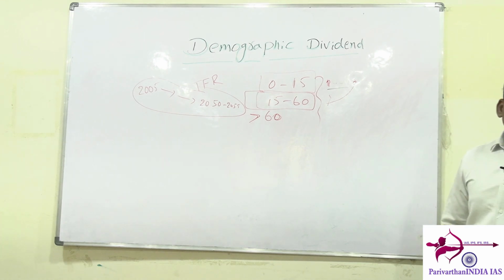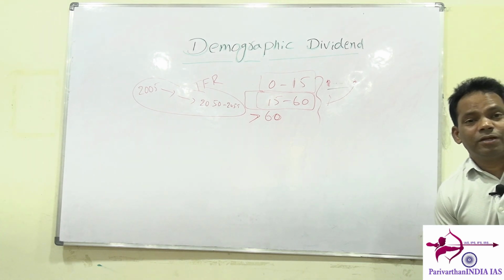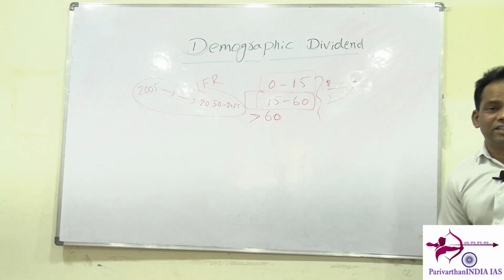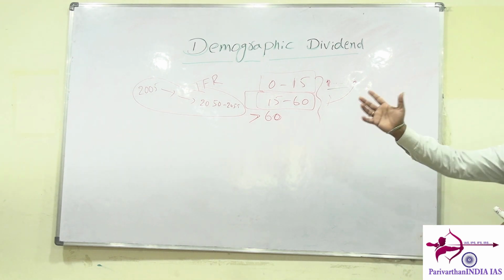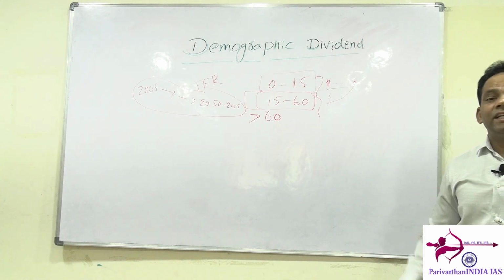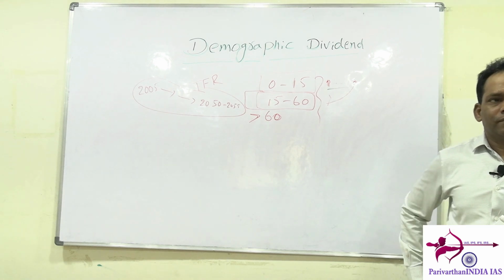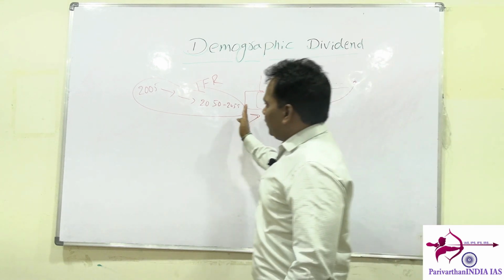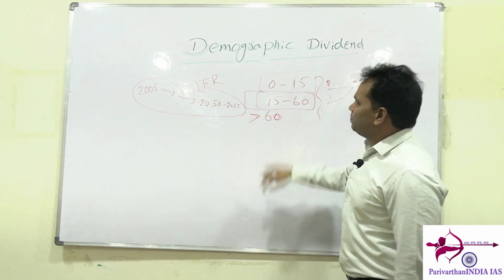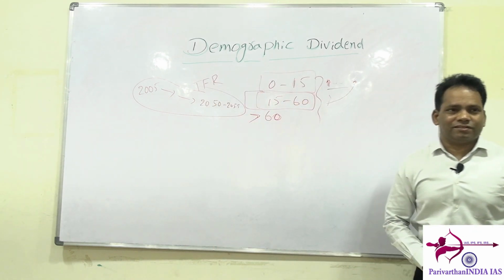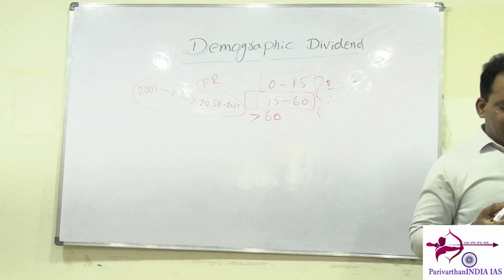That means India will be in the demographic dividend phase for around 50 years. What is the significance of it?